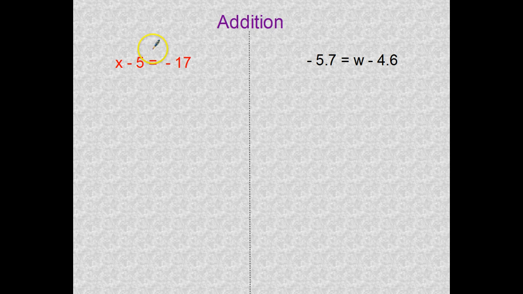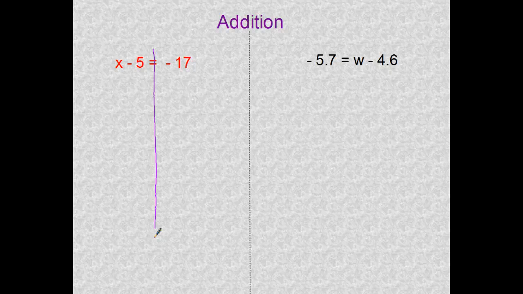Well, I like to draw this invisible wall, write down the equal sign, and that creates 2 sides of the equation. And on the left side, it looks like we need to be rid of the negative 5 and make it into a 0. We want x by itself, so we are going to do the inverse operations to make that happen.